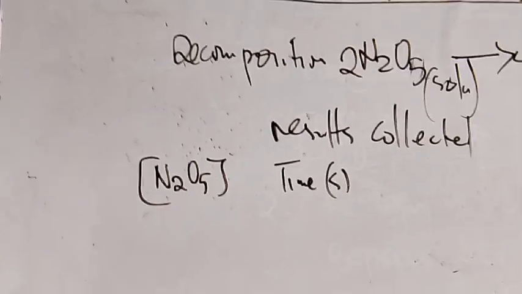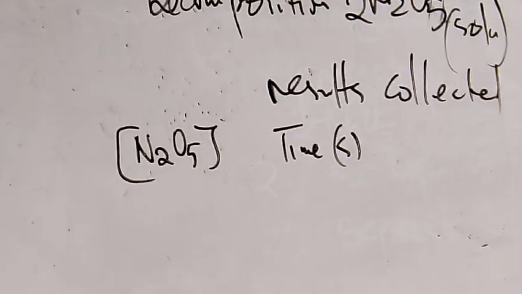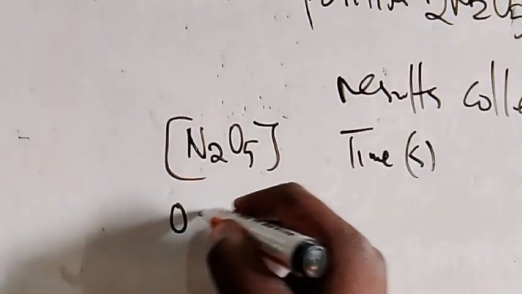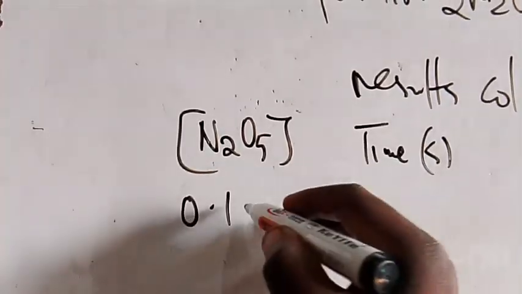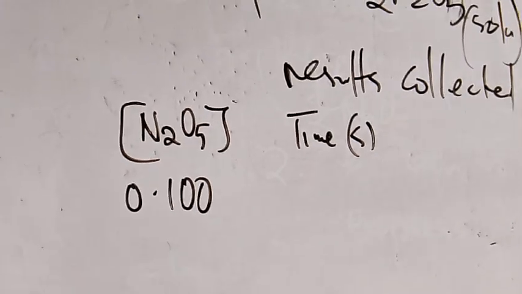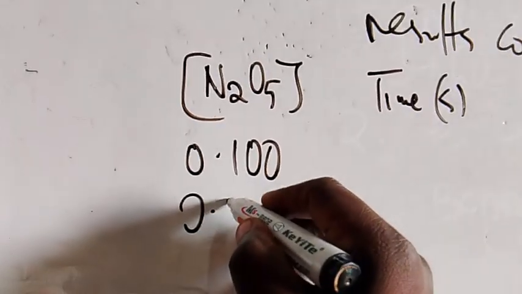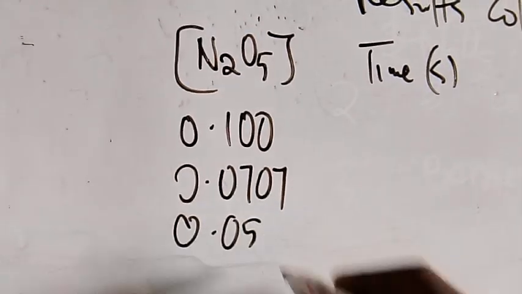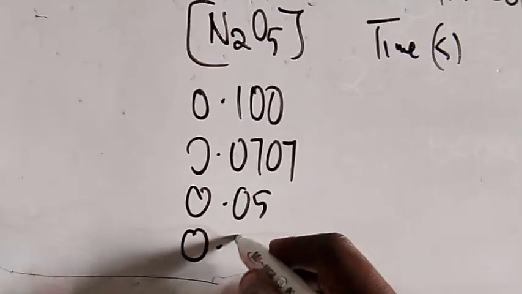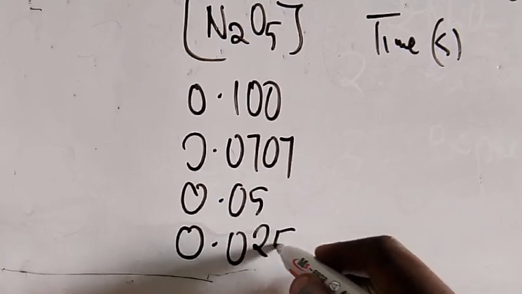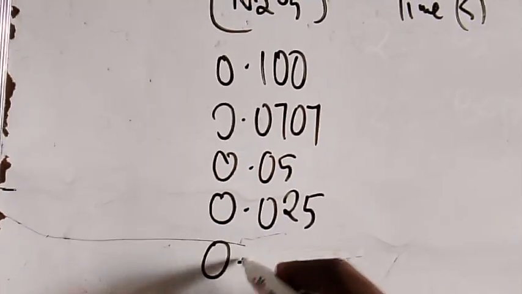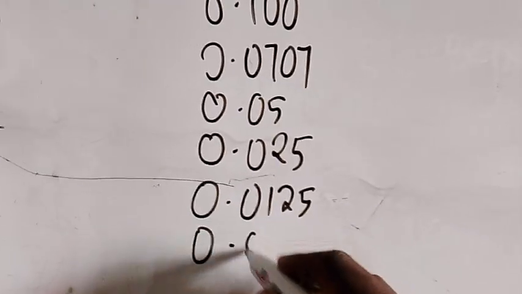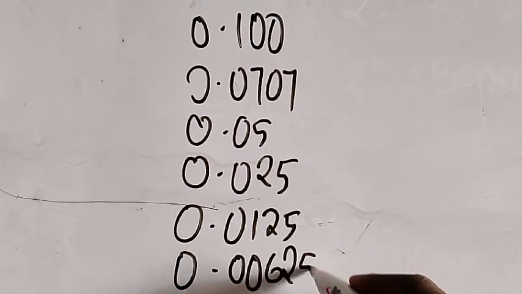Then the data that we collected: the concentration is 0.100, then we have 0.0707, 0.05, 0.025, then we have 0.0125 and 0.00625.